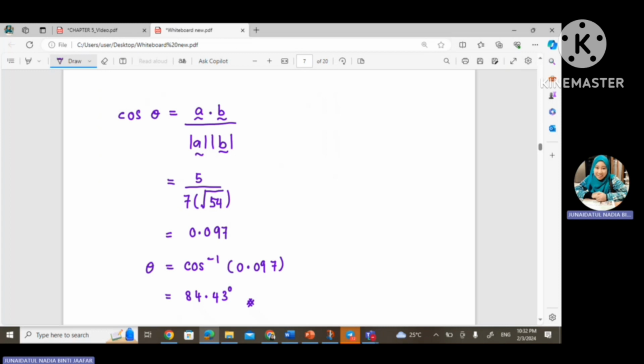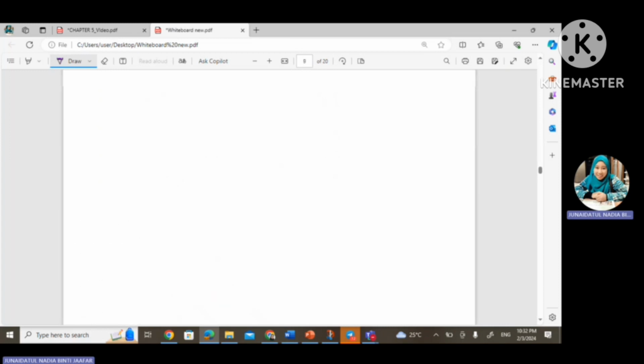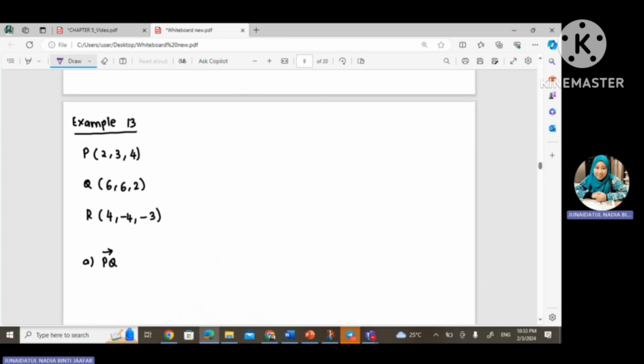So we have 3 points here, point P, point Q, and point R. The 3 points are in coordinate form. We know that coordinates start from the origin, so we can say that these 3 points are actually position vectors. Position vectors must start from the origin.